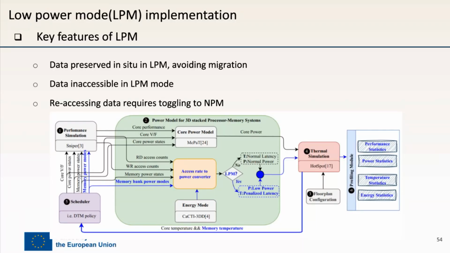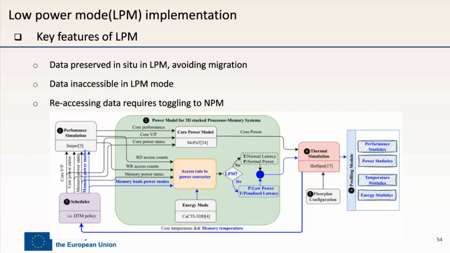This is the implementation of the low power mode. I will not go into too much detail about the low power mode implementation. The key point is that when the memory bank is switched to the low power mode, the data is kept in situ without any migration.